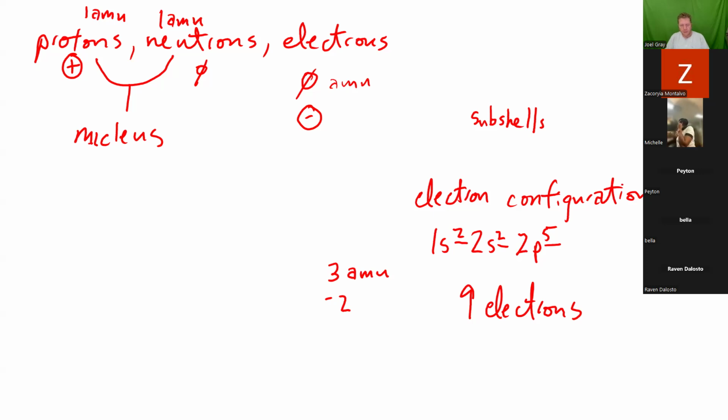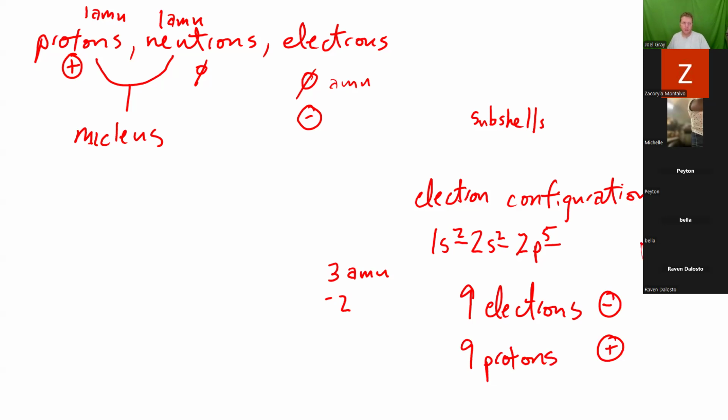But from this, you'd be able to say, all right, well, if it's neutral, and it has 9 electrons, that means it's got 9 protons, because those protons are going to be offset by these electrons. So 9 negatives, 9 positives, because it is neutral. This would be the element fluorine.